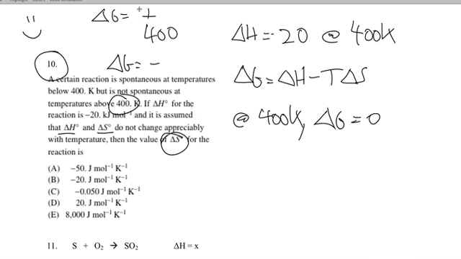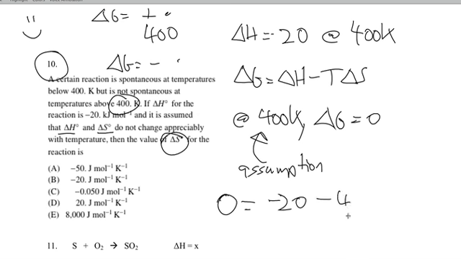So anywhere above 400, it's going to be positive. Anywhere below 400, it's going to be negative. So this is the assumption we're making in order to do this problem. So we're going to say 0 is equal to negative 20 minus 400 times delta S.